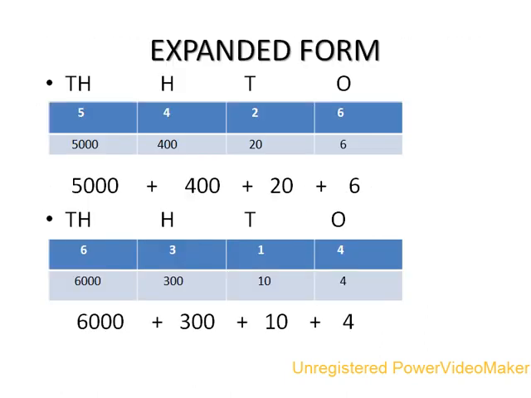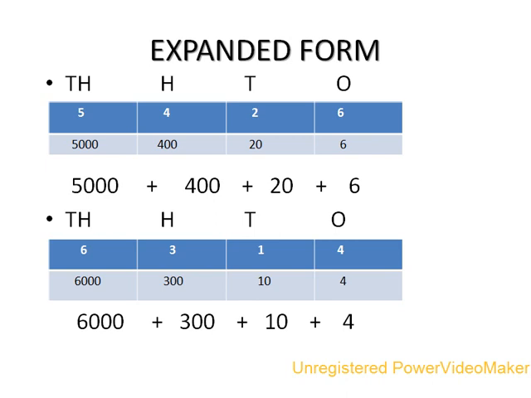Children, now we will do expanded form in 4 digits. See, in 4 digits, the number will be having thousands, hundreds, tens and ones. Here with an example we can understand that where I have placed the number, I have written the place value also. In expanded form, we add all the place values.